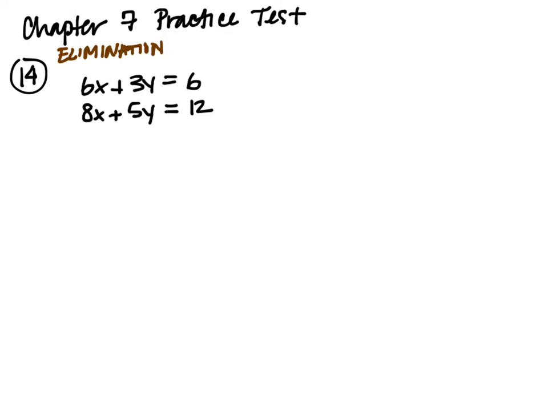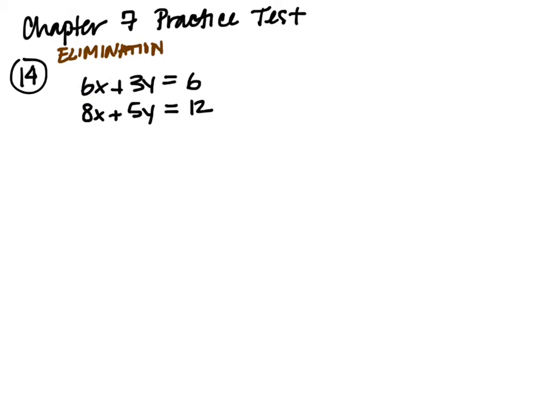Now I'm going to take a look at the coefficients because I want to find coefficients that are additive opposites. And the coefficient of 6 and 8, there isn't an easy multiple, but we can absolutely make that happen if necessary. They're both positive, so it's telling me I need to multiply one of the equations, and only one of them, by a negative.